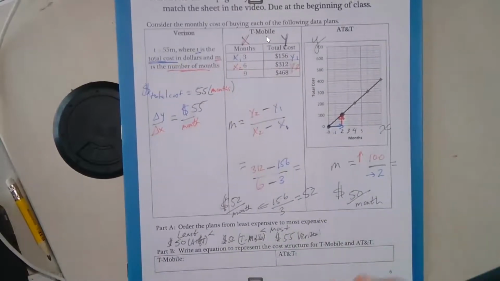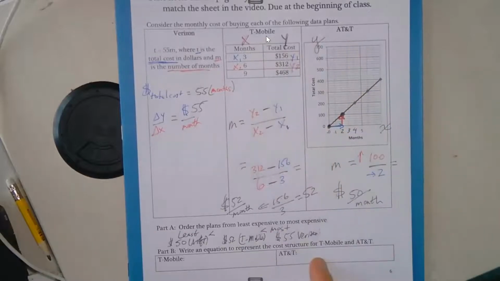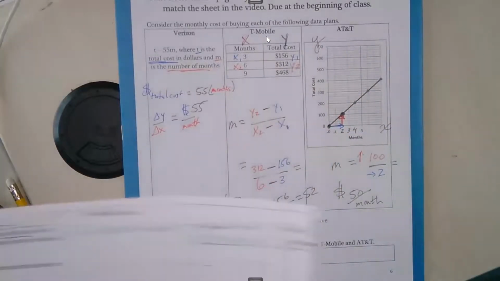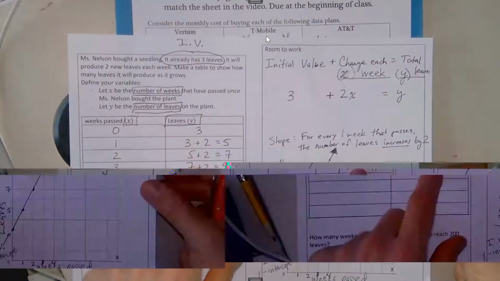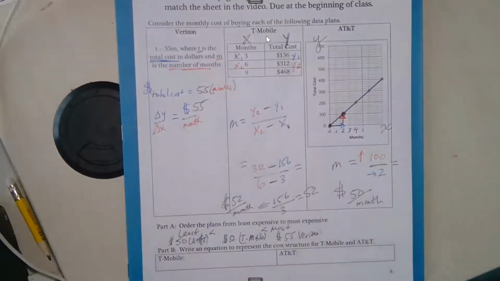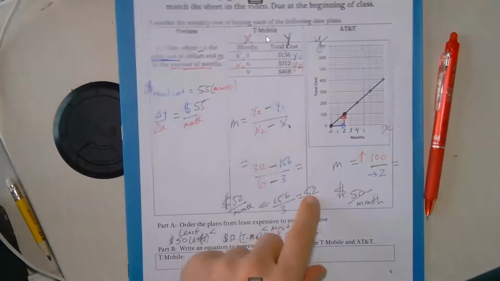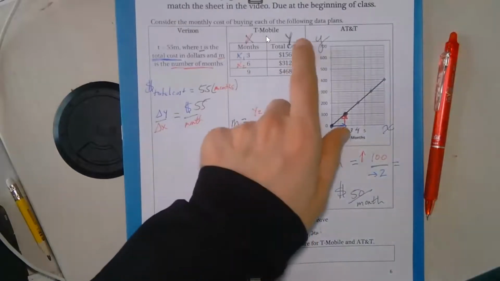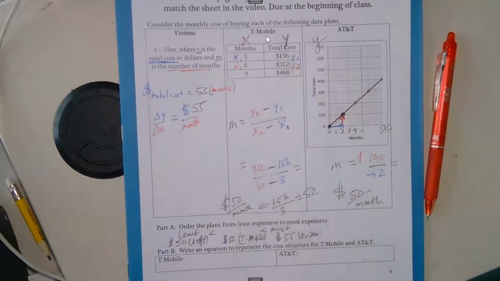Okay, finally, write an equation for T-Mobile and for AT&T. Well, just like here, we repeatedly added 2 leaves every week. For T-Mobile, we are repeatedly adding $52. So total cost increases by $52 per month.